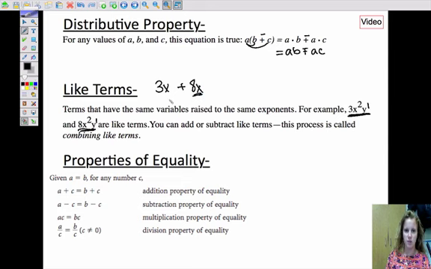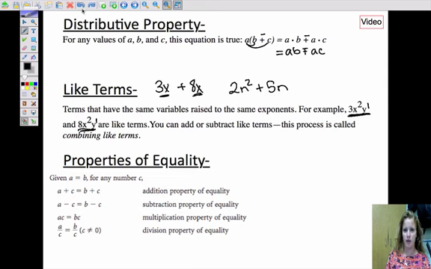Those would be like terms because they have the same variable, or 2n squared plus 5n squared. Those are like terms because they have the same variable to the same power. It would not be the same if this were 5n to the 8th. Those are not like terms because there's a different exponent there.